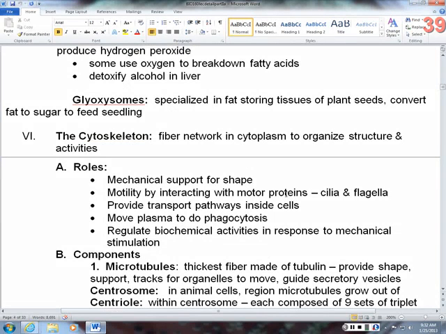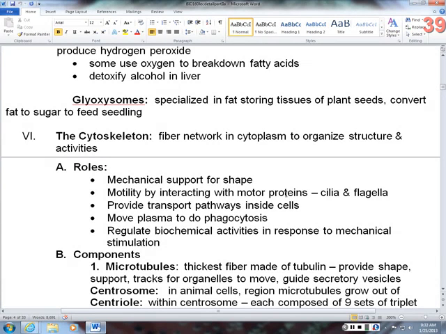It's going to provide transport pathways inside the cell. It's going to move plasma to do phagocytosis. And it helps to regulate biochemical activities in response to mechanical stimulation. You can't necessarily see it in a human easily, but there are certain plants that, when you poke them, automatically move.